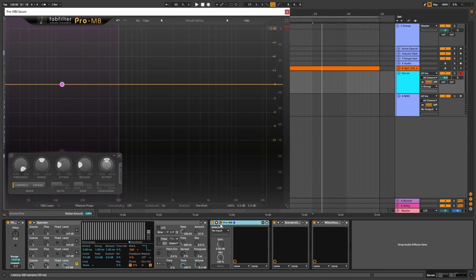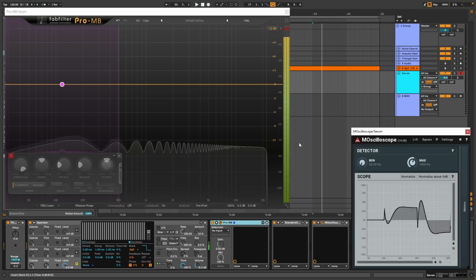Here's FabFilter's Pro-MB affecting a normal square wave. Again, doing no compression. It has, in fact, only one band that is completely disabled. Here, I've set Pro-MB to minimum phase mode, which guarantees as little latency as possible. Notice what happens to our square wave.